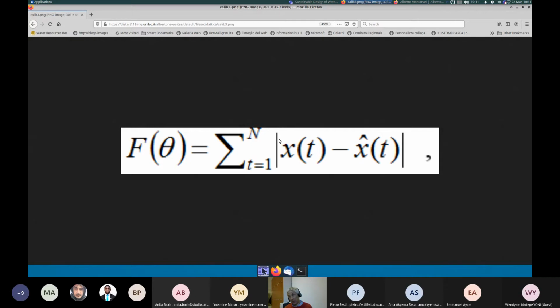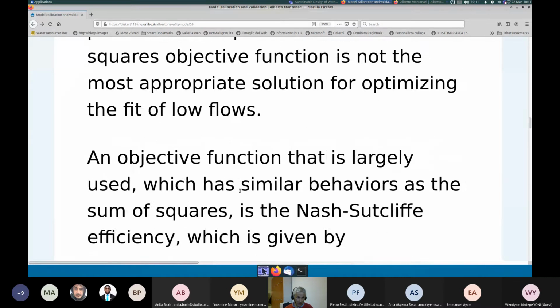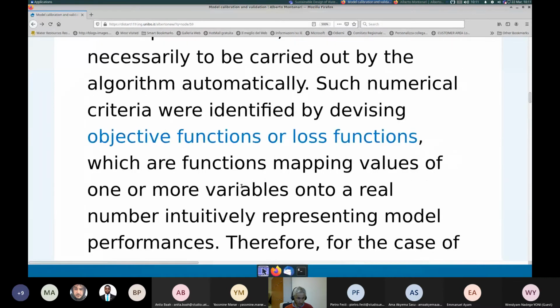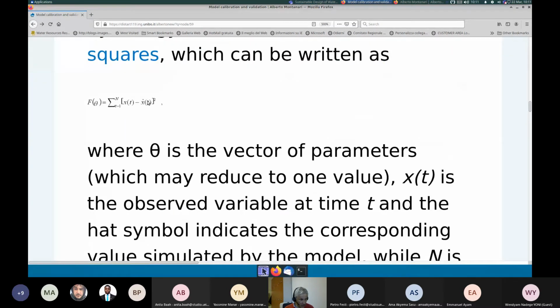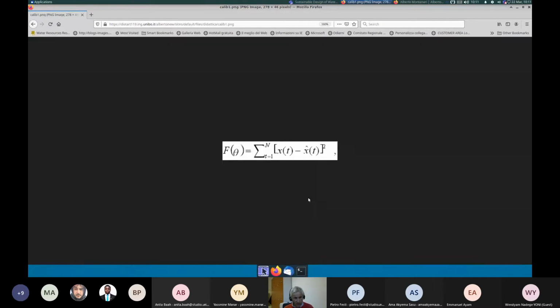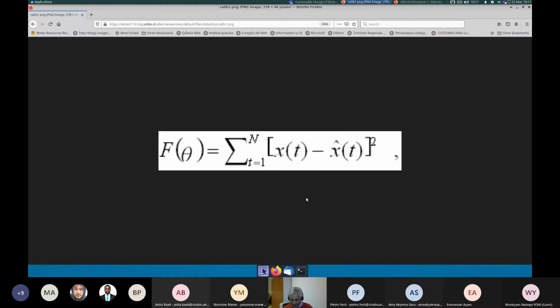Furthermore, there is one more thing that I would like to say, probably the least important, about the least squares objective function. And let me go back to it. Okay. Sorry. Here it is. There is one more thing that I would like to say about this objective function.